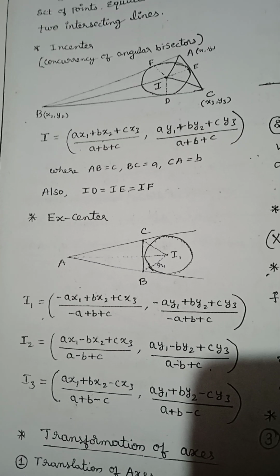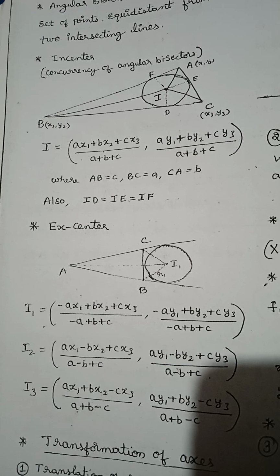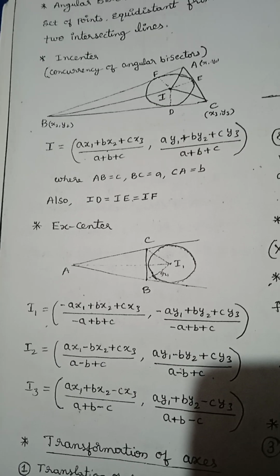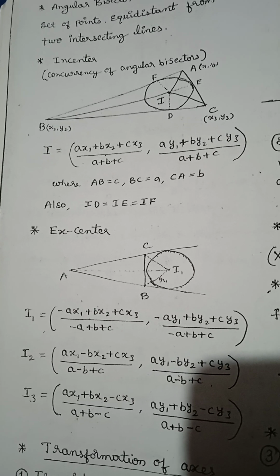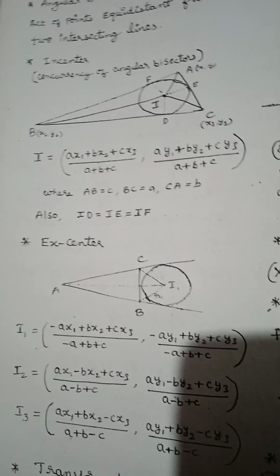Here a is the length of the side of the triangle opposite to the vertex A, similarly for the remaining. Here ID equals IE equals IF, that is the radius of the circle.